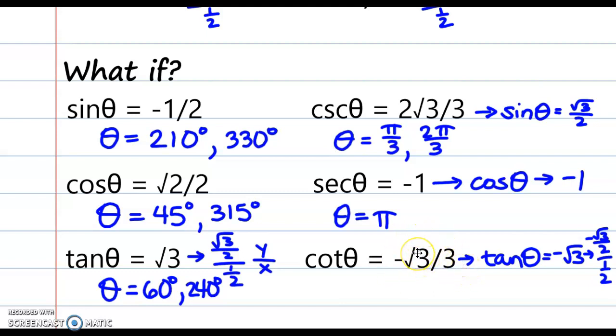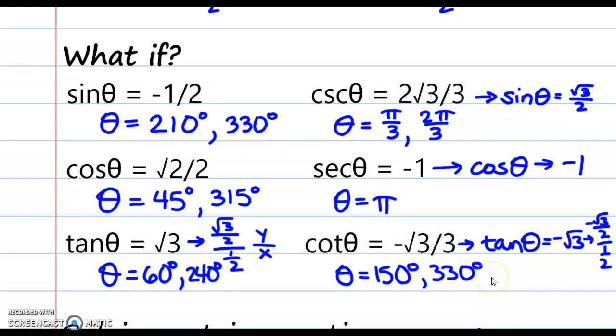So again, that's going to happen in two locations, at 150 degrees and at 330 degrees. In this case, we're looking for where the y is 1/2 and the x is square root of 3 over 2, and one of them is positive and one of them is negative, so that we simplify to a negative answer.